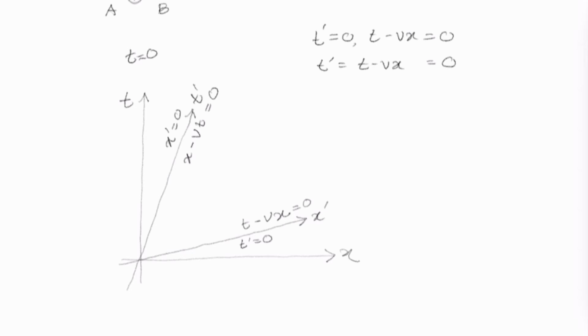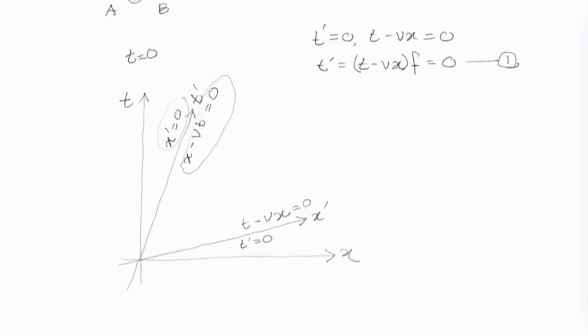But t bar should not necessarily be equal to t minus Vx. There can be some factor f. So t bar equals t minus Vx times the factor f. This is equation 1.